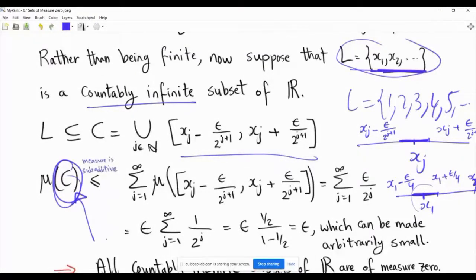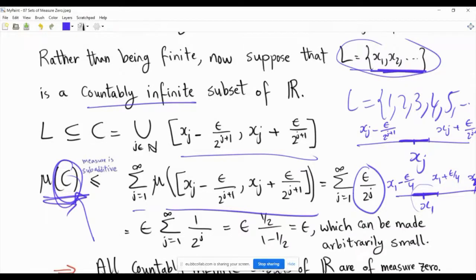Again, rather than worrying about overlaps, you can simply say that the measure is upper bounded by the sum of measures. Now, the intervals do not have the same length as in the first case. They have a length that decreases. So the length of the jth interval that is covering xj is epsilon over 2 to the power j.